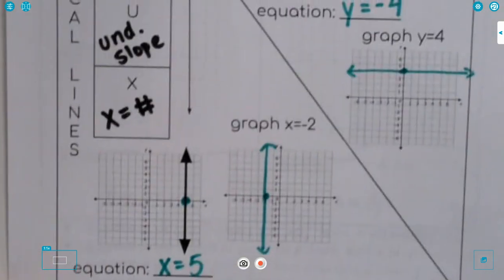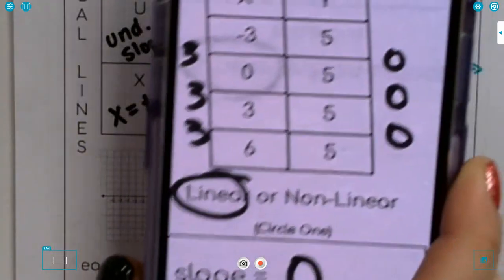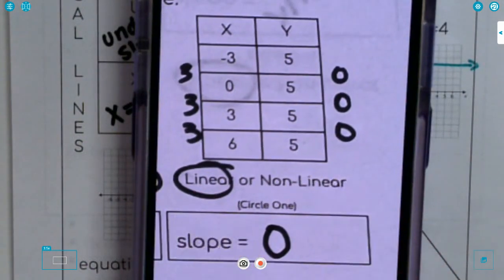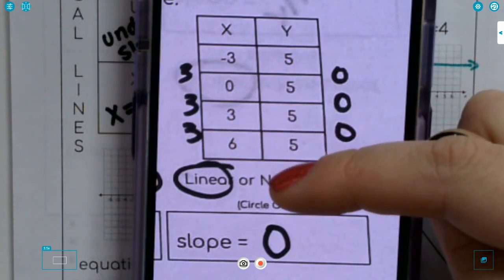I want to show you one thing from 2.2. On 2.2, I'm literally showing you the key on my phone. On 2.2, this one had a slope of 0. Hoy is y equals.